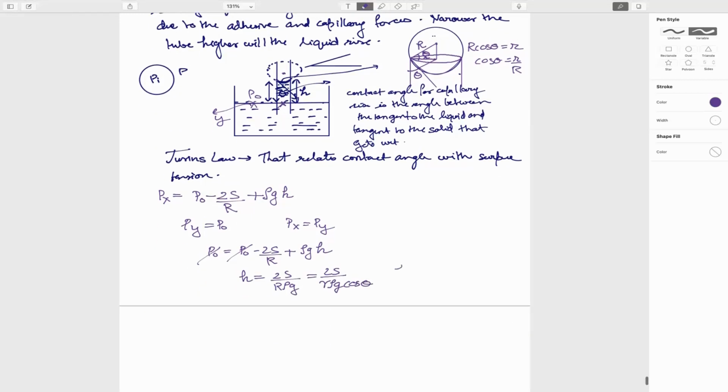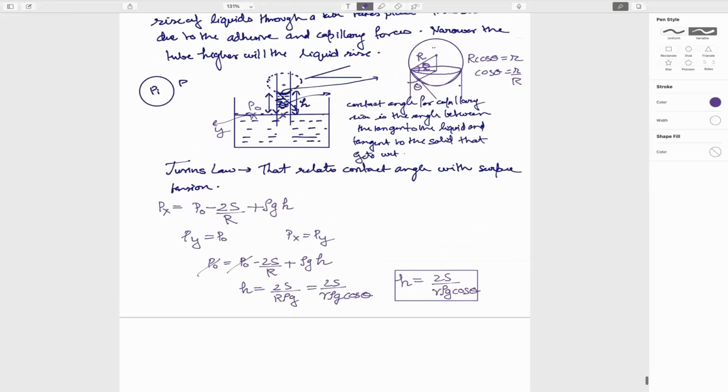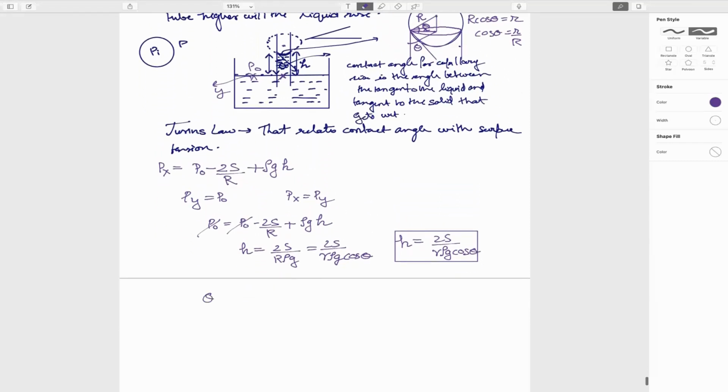Okay, so h is 2s cos theta by r rho g, and there will be a rise only when theta is less than 90 degrees. Only then does this h come out positive, and that is the rise.